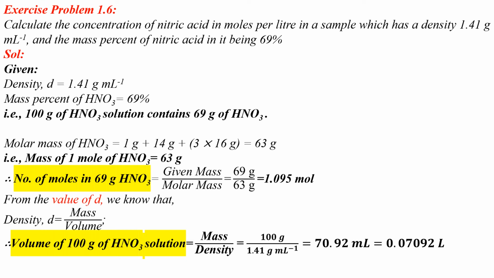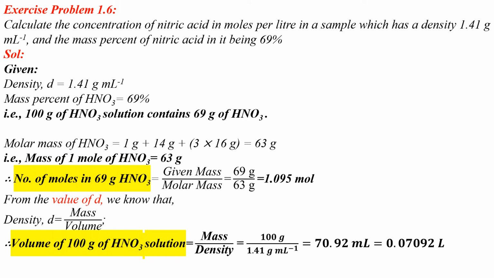So we shall rearrange the formula of density as volume of 100 grams of nitric acid solution is equal to mass of nitric acid solution divided by density of nitric acid solution. We took the mass of nitric acid solution as 100 grams, so write that in the numerator, divided by density of the nitric acid solution, given as 1.41 gram per milliliter.